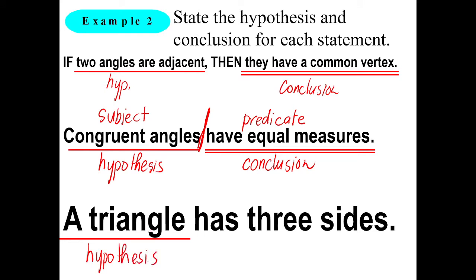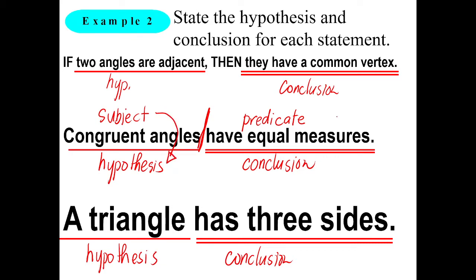Unsa man atong predicate din ha. Good. Mao na to ang conclusion. There you go. So, simple na di kaayo pag-determine sa hypothesis o conclusion kung walay if o then. Ang subject, maoy hypothesis. Ang predicate, maoy conclusion.